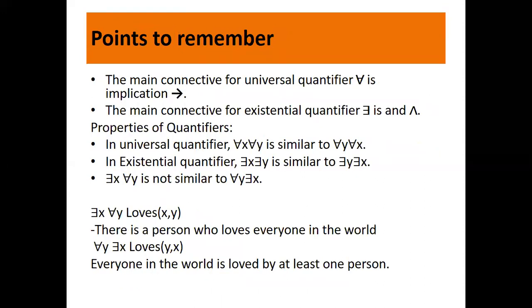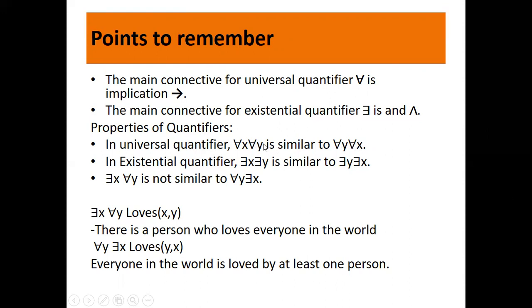Now what you should remember: the main connective for the universal quantifier, for all, is implication, and the main connective for the existential quantifier is and, that is conjunction. Now, properties of quantifiers. In the universal quantifier, for all x and for all y is similar to for all y and for all x.